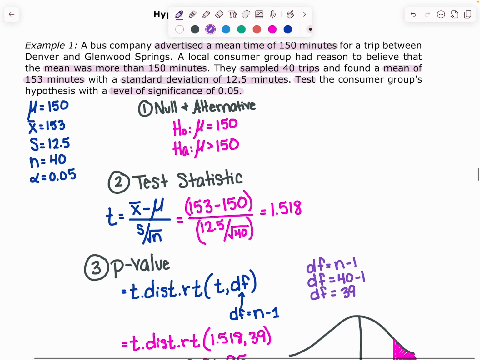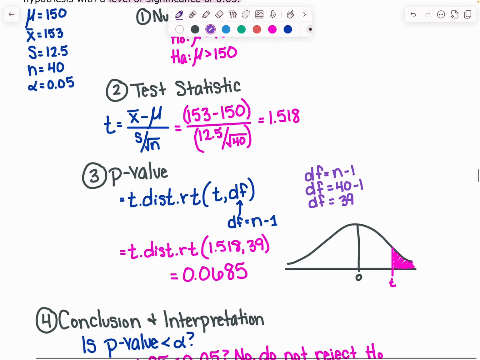Travel time? They didn't really word it.